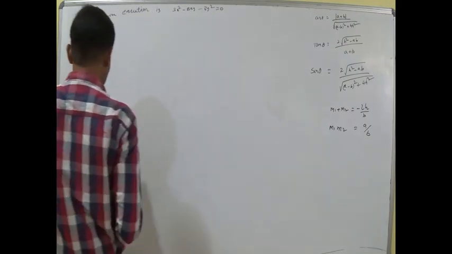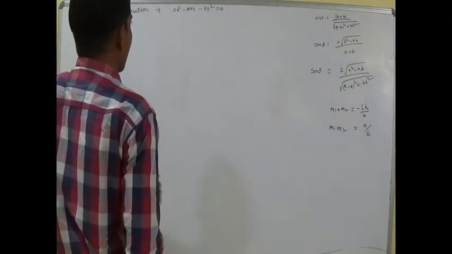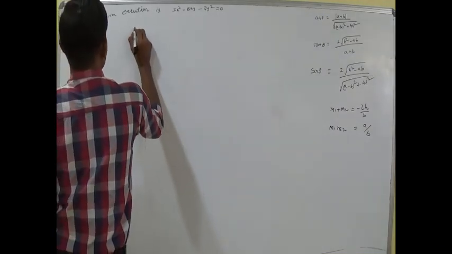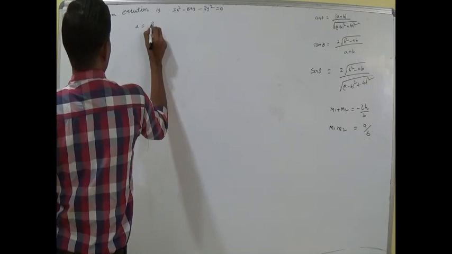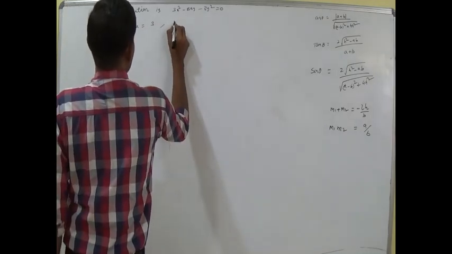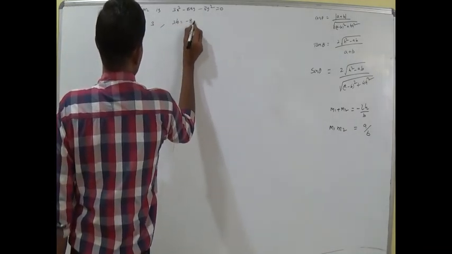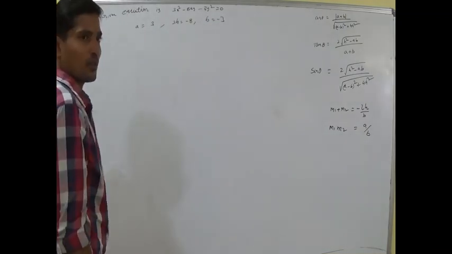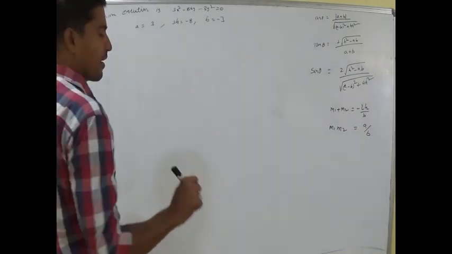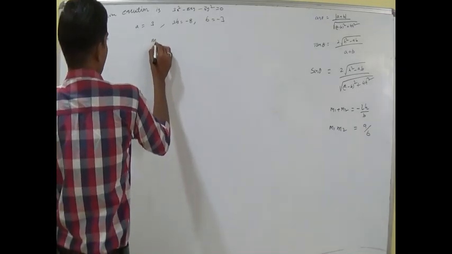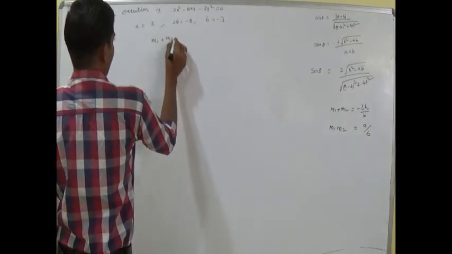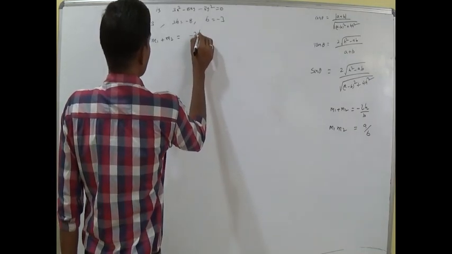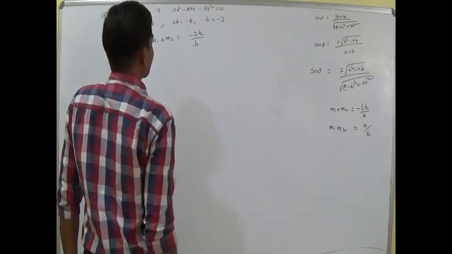Then m1 plus m2. Here a is equal to 3, 2h is equal to minus 8, b is equal to minus 3. m1 plus m2 is equal to minus 2h by b.